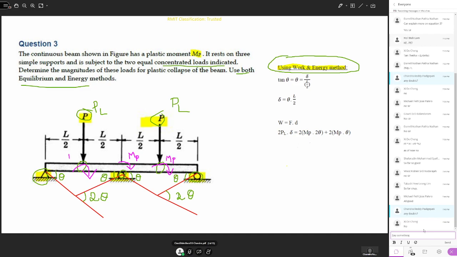These are the 3 points where you can expect the beam reaches fully plastic conditions. So here the moment is MP. Here the moment is MP. Here the moment is MP.